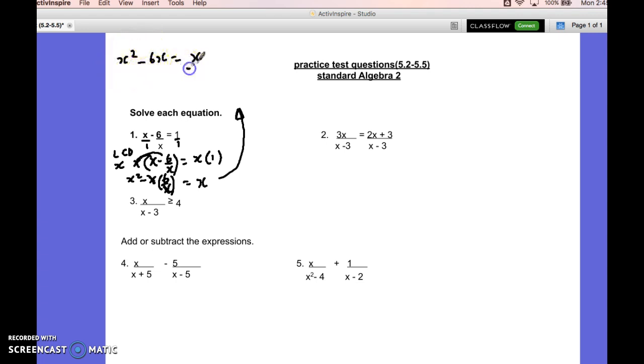So we're going to take this X away from the right side. If I do it on the right, I'm going to have to do it on the left. And so now I end up with X squared, what I had before, minus the X, I'm subtracting, and then minus 6X. That's going to be equal to 0.